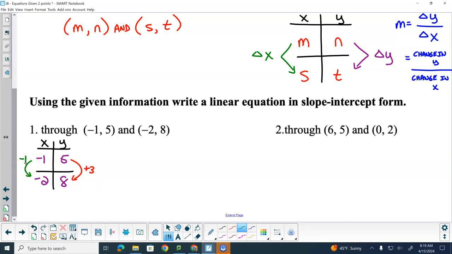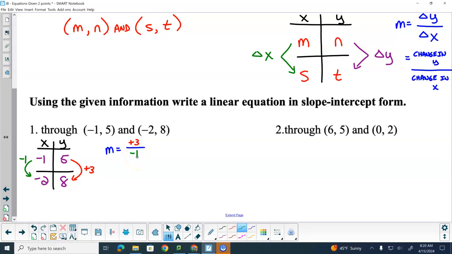And I thought you were going to say plus 1. Okay. All right, so my slope then is going to be +3 over -1.